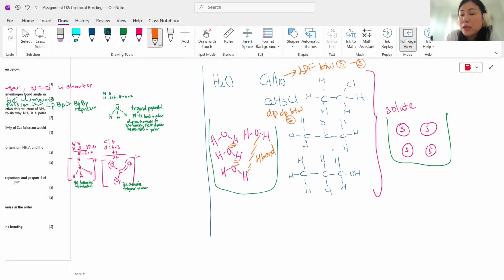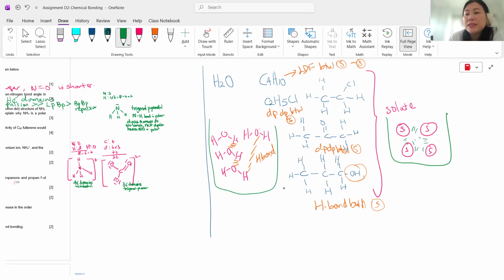For propanone, it is polar, but no hydrogen bond because I don't see H, I only see O. So it's dipole-dipole between the S. And the last one, where I see OH, right? So it's hydrogen bond between the S.